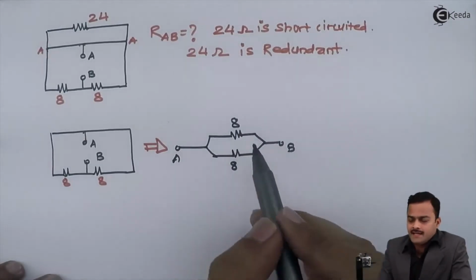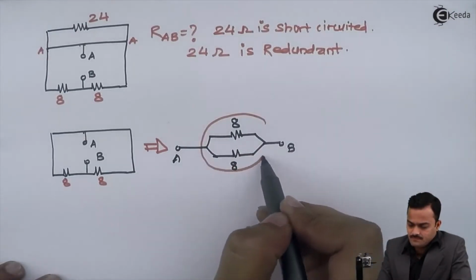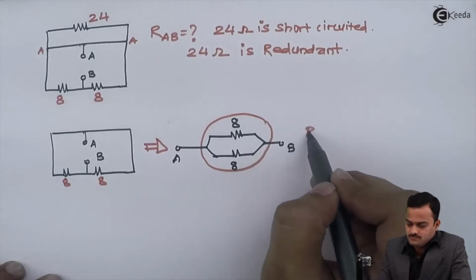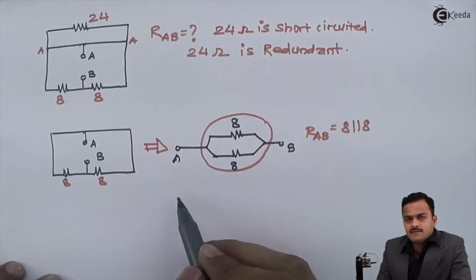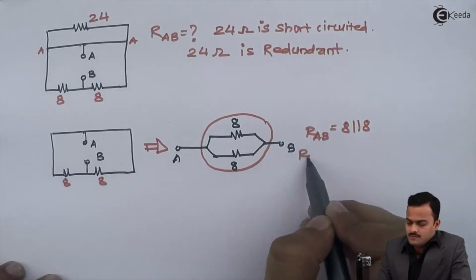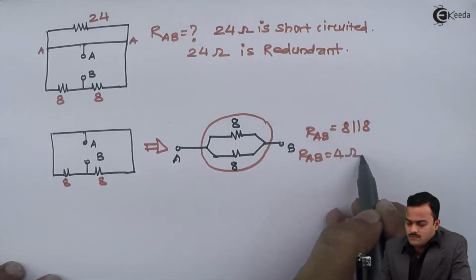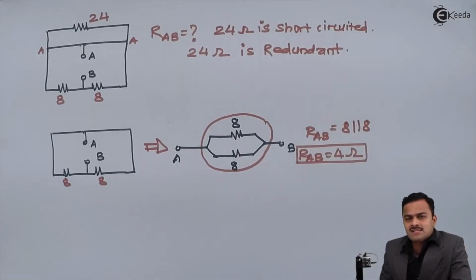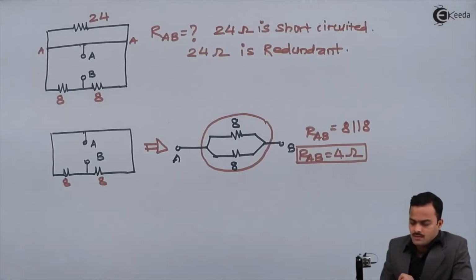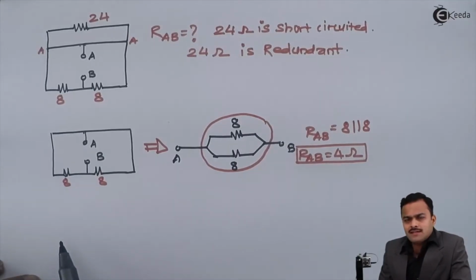So this 8 and 8 are forming a loop. Hence, they are in parallel. And after solving this, I'll get an answer of 4 ohm. So as far as the short circuit concept is concerned, this problem was important.